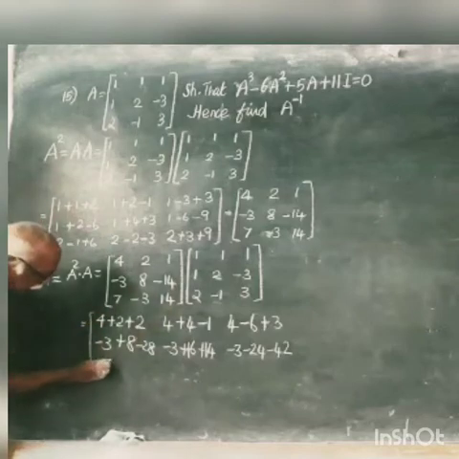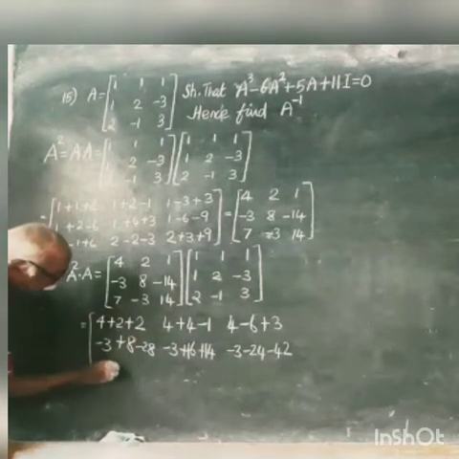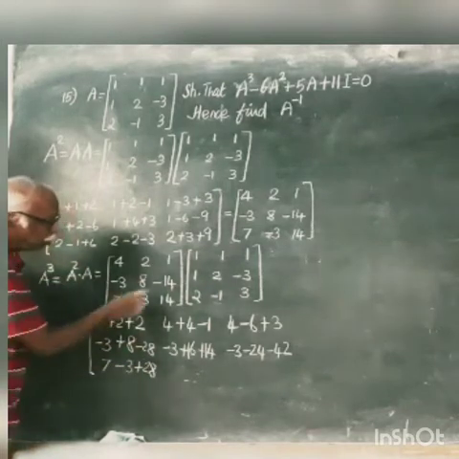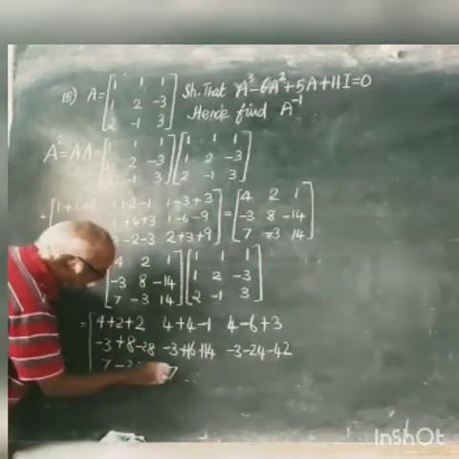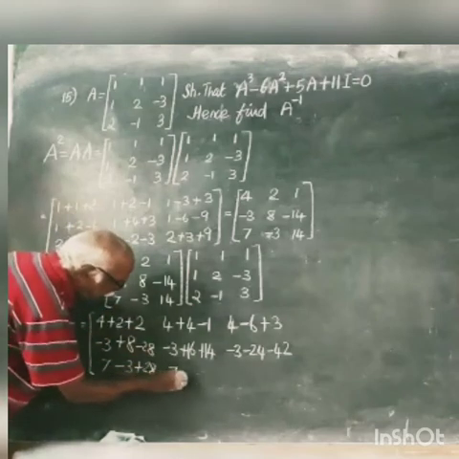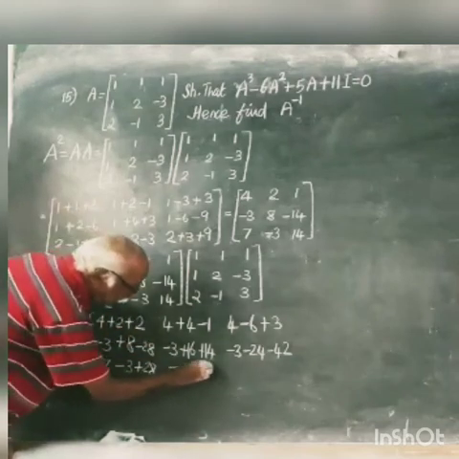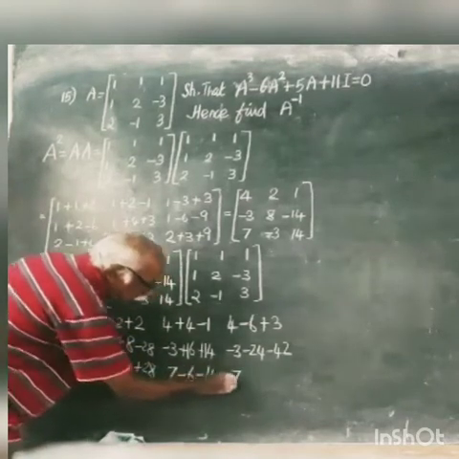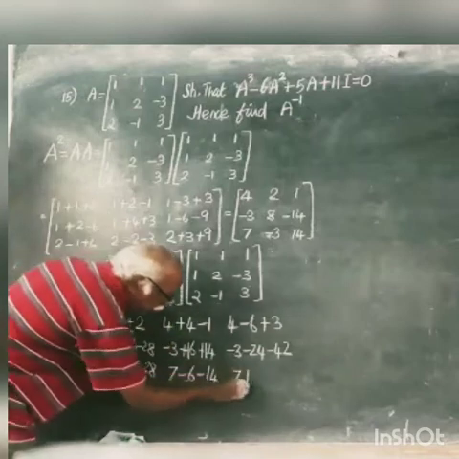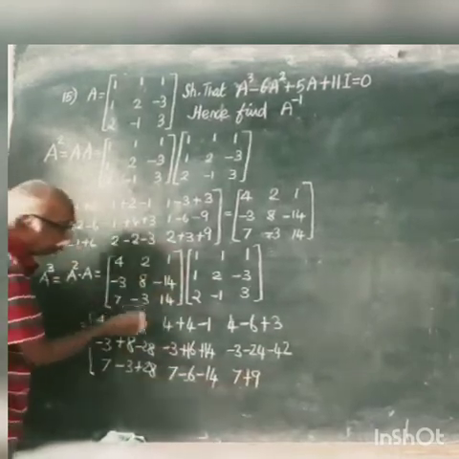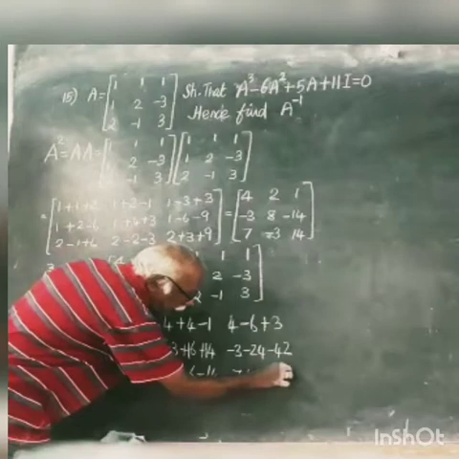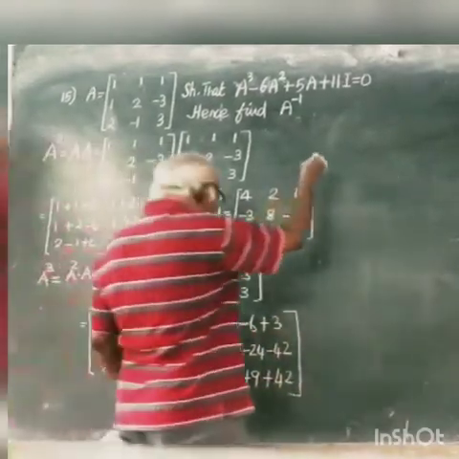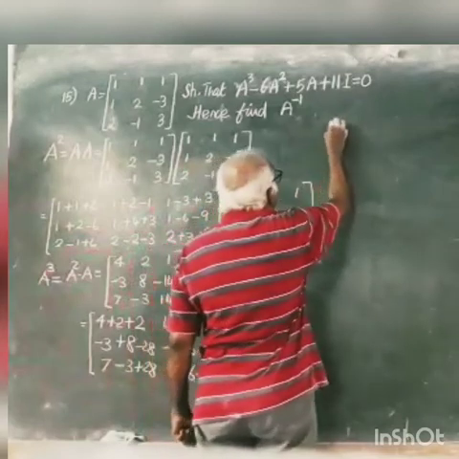7 into 1, 7. Minus 3 plus 28. 7 into 1, 7. Minus 6 minus 14. Then 7 into 1, 7 plus 9 plus 42. The answer is A cube.